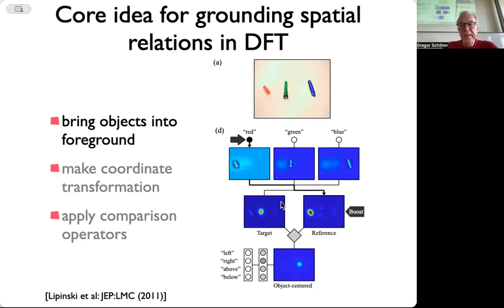So that's how you would bring a reference and a target object into these two fields. And then what you need to do now is a coordinate transform. Why do you need to do that? I mean, you could, of course, have some neural representation where you take these inputs and have a synaptic pattern of connection that encodes that something is to the left of something else for every possible location.